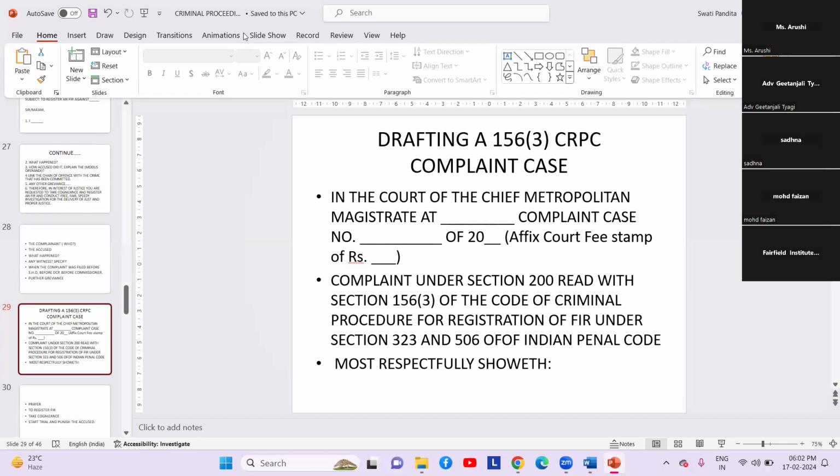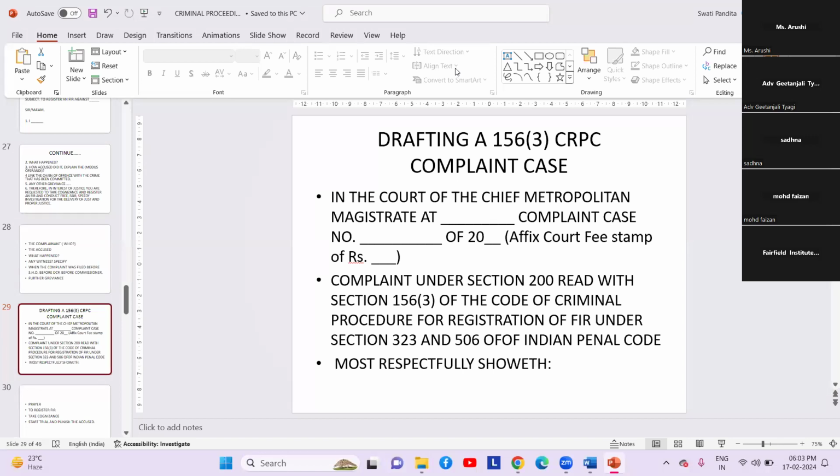Earlier in UP, there was this SHO, SSP, and then the DGP. Now in some specific areas like Ghaziabad, Noida, Lucknow, there are also commissionerates, there are also commissioners. So that is something you have to see if you are living in the NCR. This is how they are dealing with it.